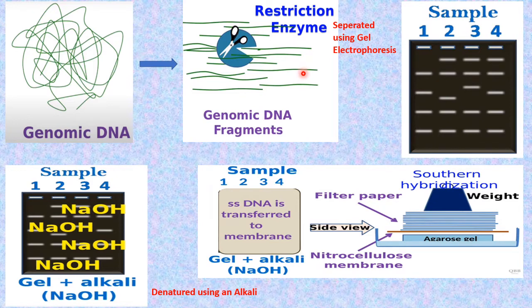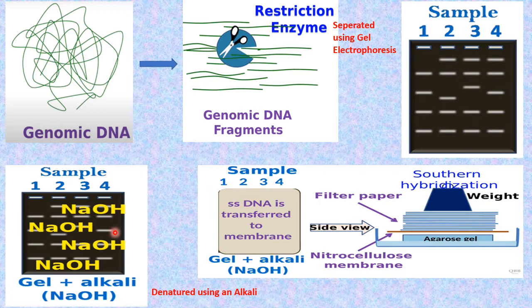The fragments thus obtained are of different lengths, so they are separated in accordance with their length by means of gel electrophoresis. Now, once these DNA fragments are present on the gel, they are denatured by using some alkali.